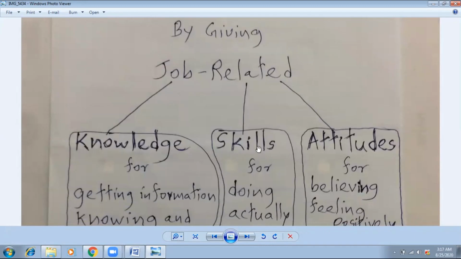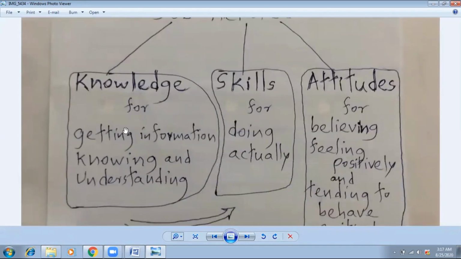There are three things: knowledge, skills, and attitudes. What is knowledge? Knowledge is for getting information, knowing, and understanding.